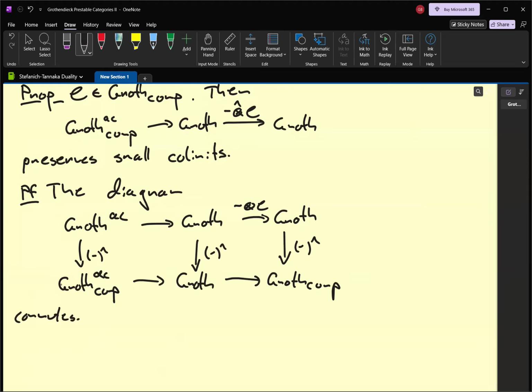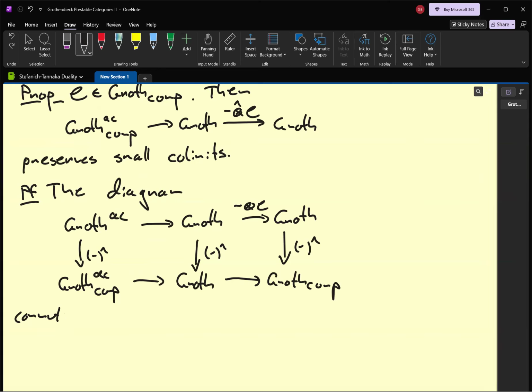And I have to say one word about this morphism here. This morphism just exists, because earlier we argued that Groth comp AC here is again a localization. This was just a consequence of the statement about a morphism being almost compact if and only if its completion is almost compact.